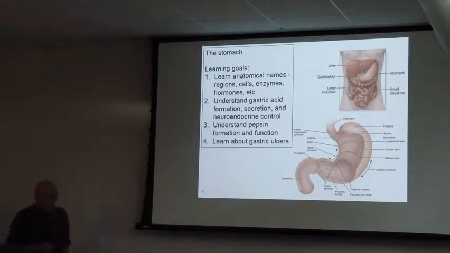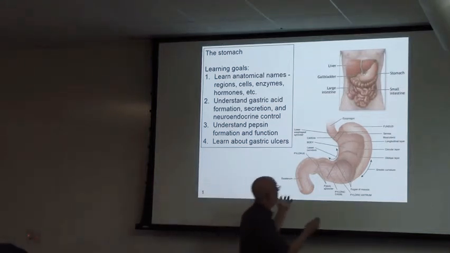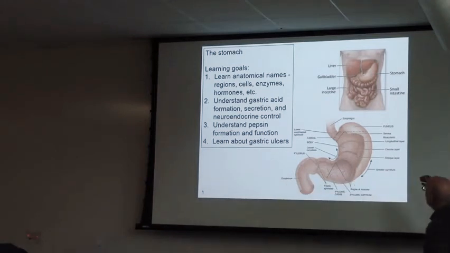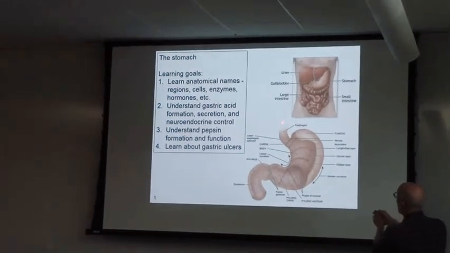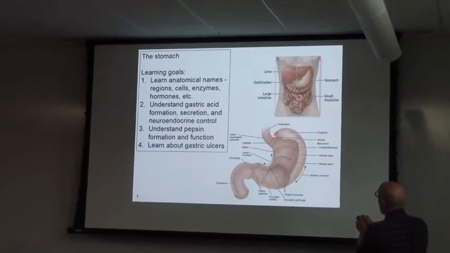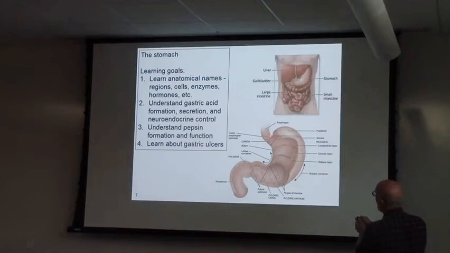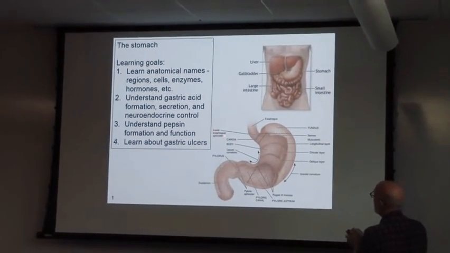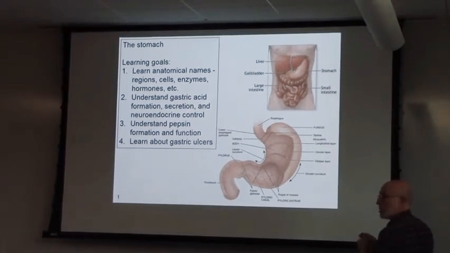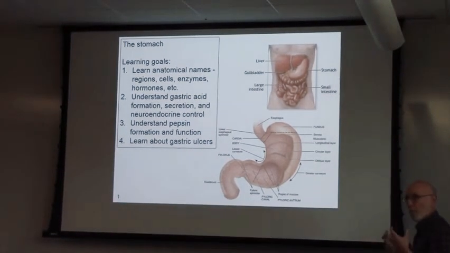So here's a cartoon of the stomach that has a lot of the names. So here's the esophagus. At the bottom of the esophagus, at its junction to the stomach, is the lower esophageal sphincter that controls flow of the bolus of food into the stomach.